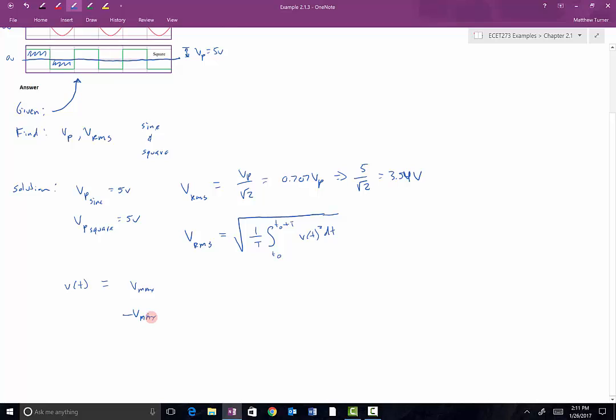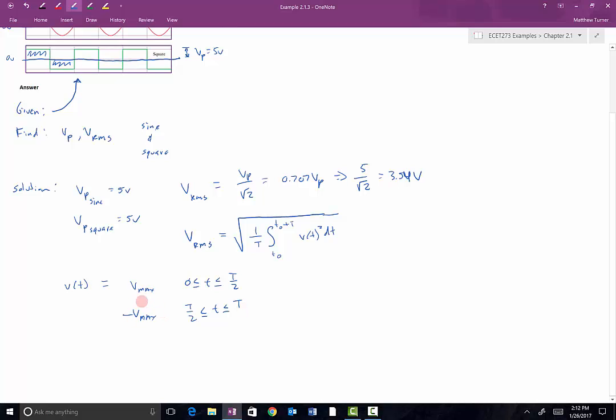Those are the only two values it can take. It's V max for 0 less than or equal to t less than or equal to T over 2, halfway because it's a 50% duty cycle square wave, and negative V max for T over 2 less than or equal to t less than or equal to capital T, the period. So that's our function.